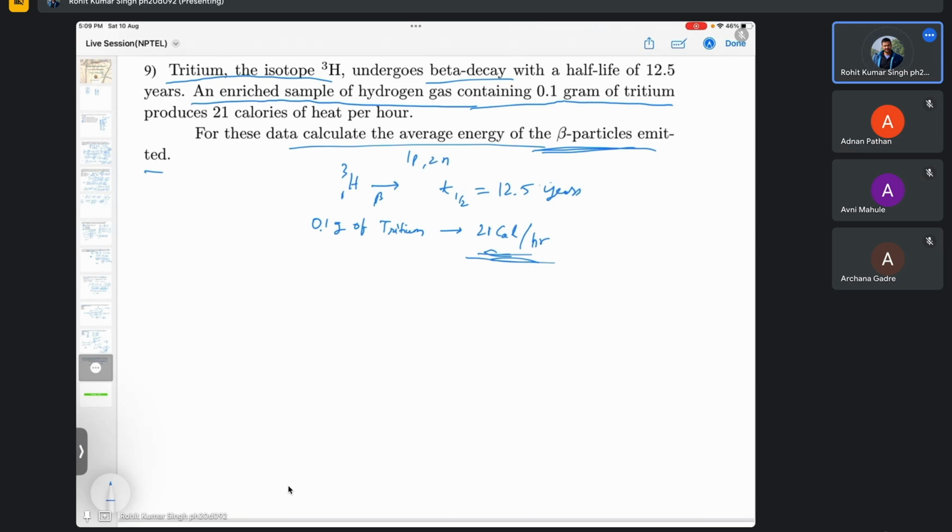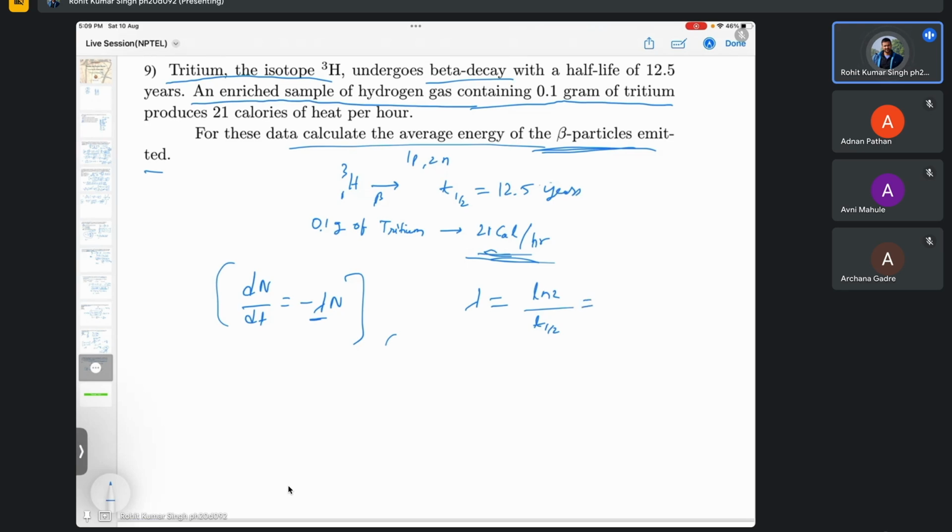But let's go through it slowly. First, since it is a radioactive decay, this formula is always valid. Now let's first find out lambda. So lambda is ln2 by T half.